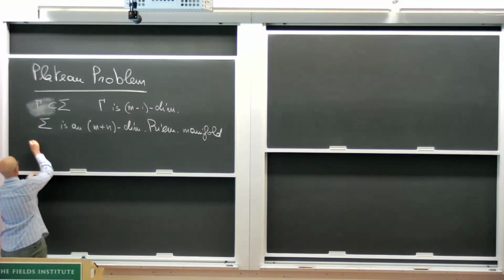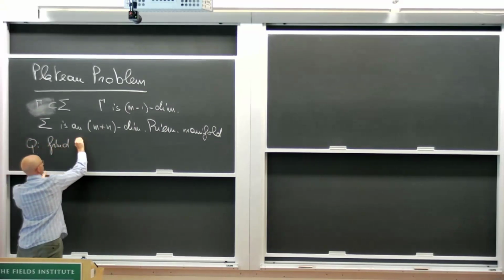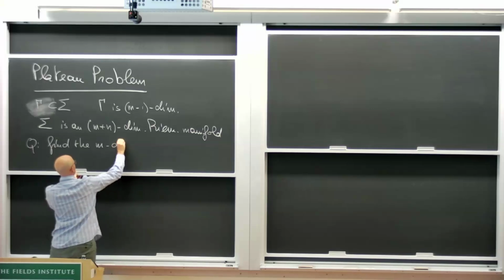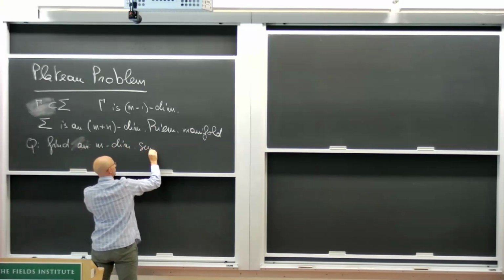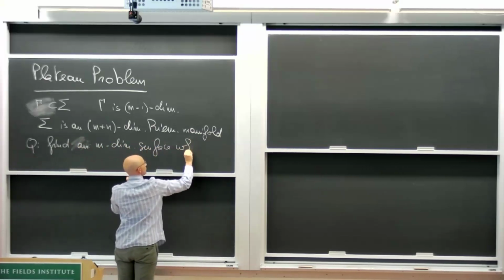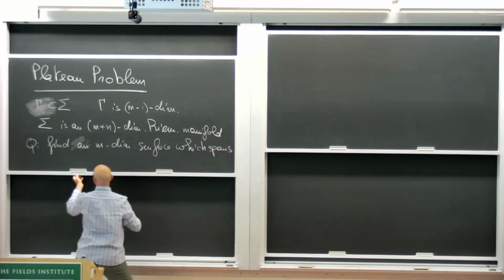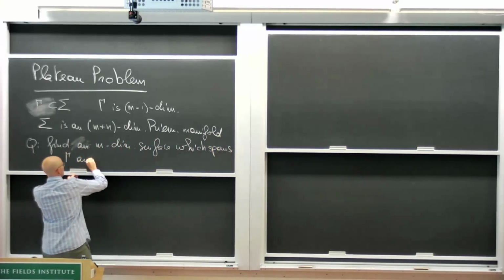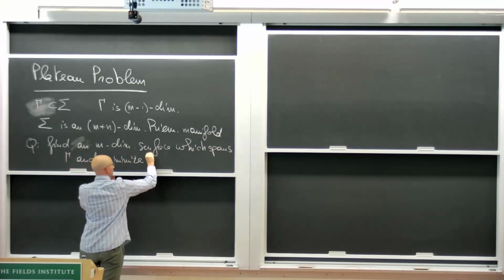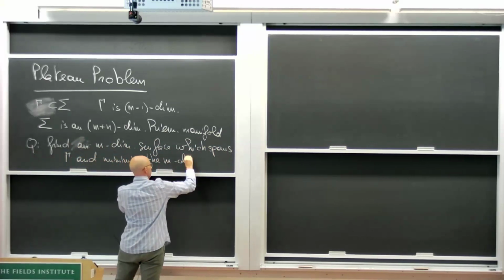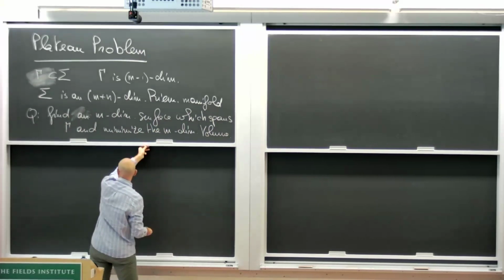Of course, the question is: find an m-dimensional surface which spans gamma and minimizes the m-dimensional volume. Okay, so that is the question.